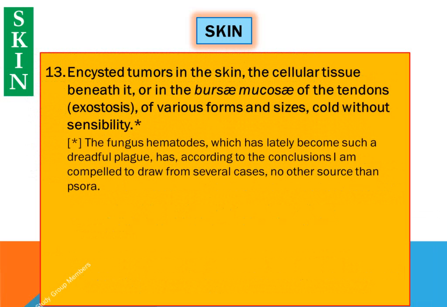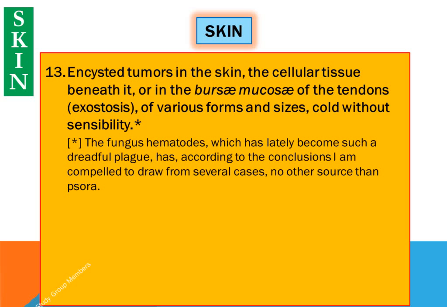Encysted tumors of the skin, the cellular tissue beneath it, in the bursae and mucosae of tendons, that is exostosis of various forms and sizes, cold without sensibility. Now cold without sensibility, here you can think of a cold which becomes chronic, number one, and secondly it becomes allergic without much sensitivity, that is without much complaints.